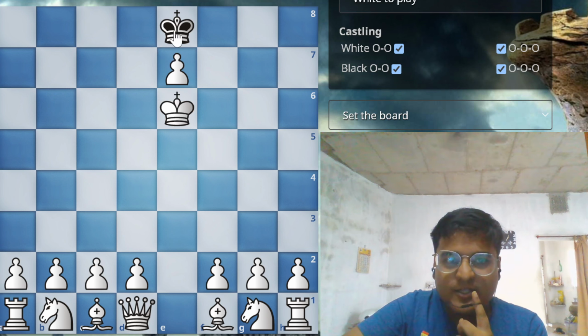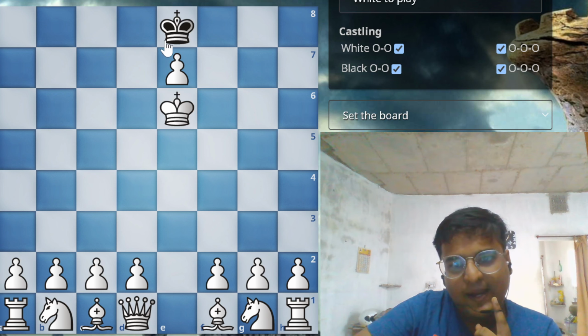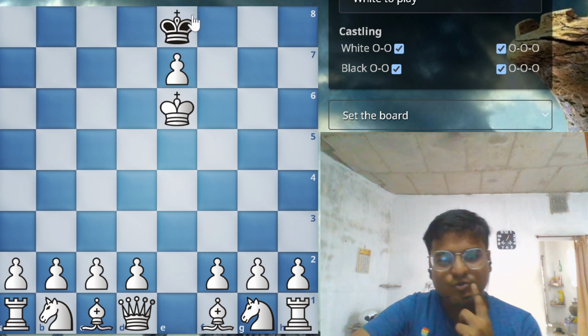See, the king is not under attack here. This king is not under attack, but also it cannot move anywhere else on the chessboard. So this position is stalemate. Now he cannot move anywhere, and it's his turn. So this is drawn.